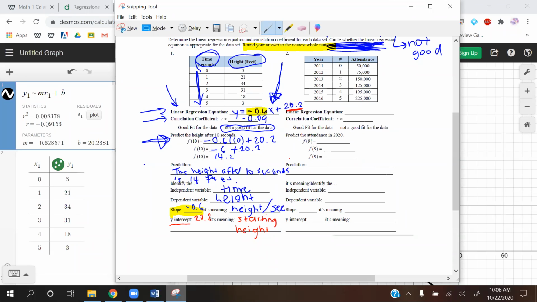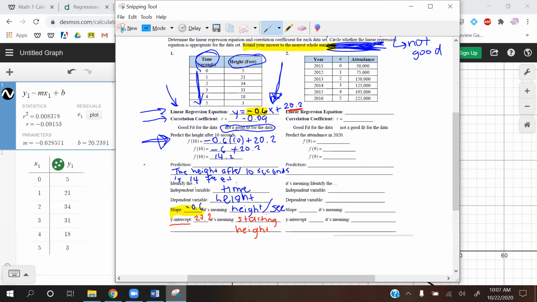But remember, this equation that we just wrote is a terrible fit for the data that they gave us. Because if you look at it, it's time and feet. It looks like it starts low and then it goes high and it comes back lower. It looks like an item that's being thrown in the air. Of course, it's not going to fit in a straight line.